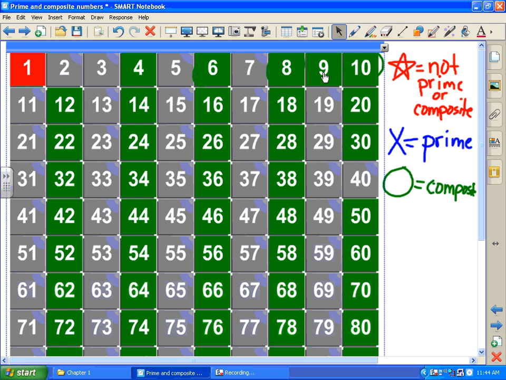Then 3 times 5 is 15. Circle 15. Then it's 18, which is done. 21. Circle 21. Then it would go 24, and then 27.